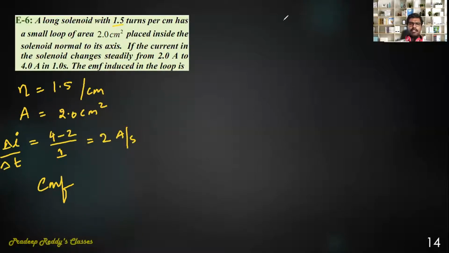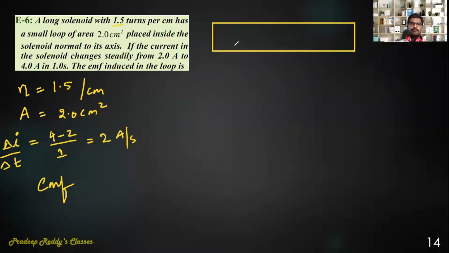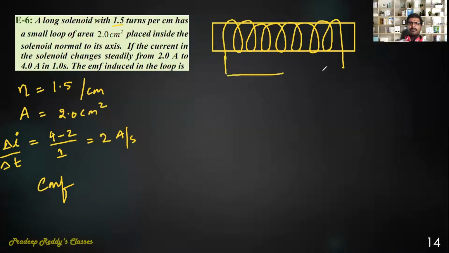Now the question is mentioned in such a way, let me consider this is a solenoid. You will be connecting this to a battery of voltage V, and as a result there will be some current passing in the circuit.